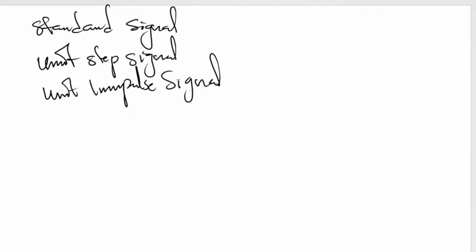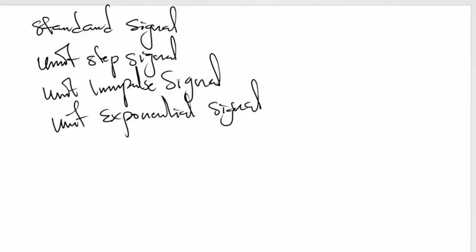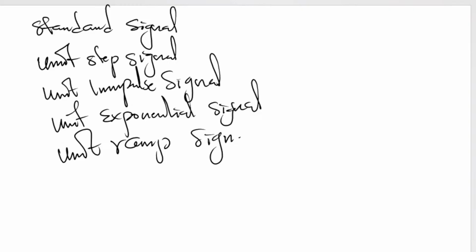We have the unit exponential signal. And we have the last standard signal, which is the unit ramp signal. Now, your unit ramp signal is denoted with r of n. This is for discrete signal.